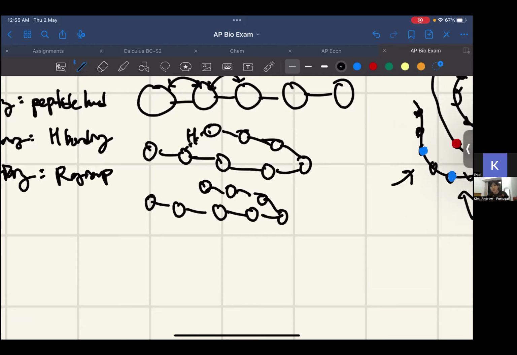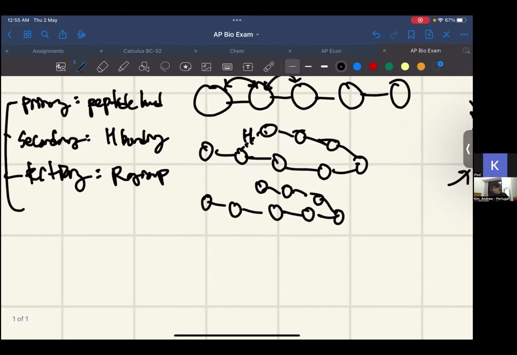So tertiary folding is more like the macro scale of folding the general shape of your shirt, whereas secondary structure is more like the smaller wrinkles on your shirt that do not affect the bigger scale structure, shape of your shirt or your polypeptide chain, but it makes smaller wrinkles here and there, okay? So that's why we distinguish the two.